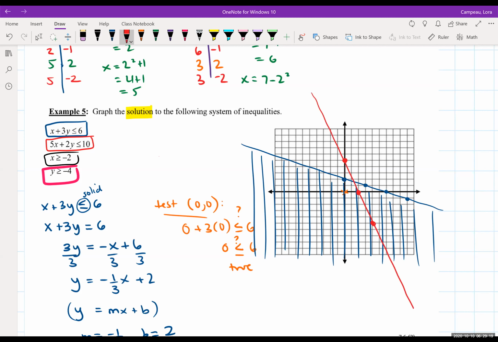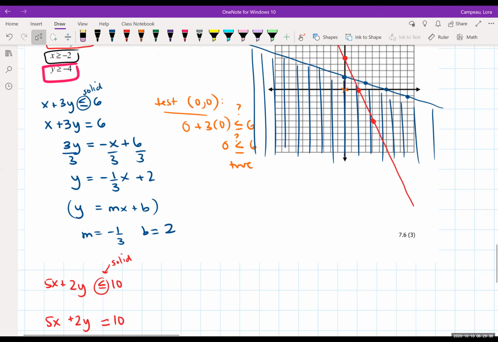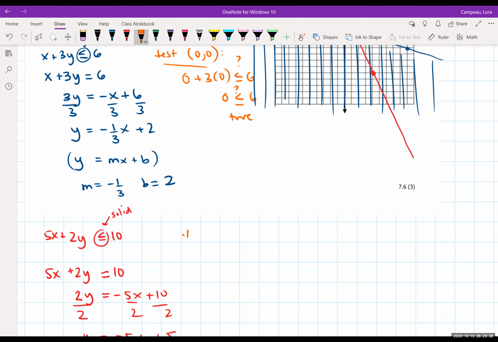And now we have to ignore the other markings on the paper. Ignore what you see in blue, and just understand there's two regions. You're either going to shade below or above the line. We can continue to use our test point because that red line does not go through it. So I can test again, 0, 0.